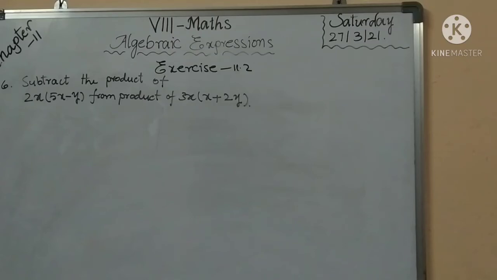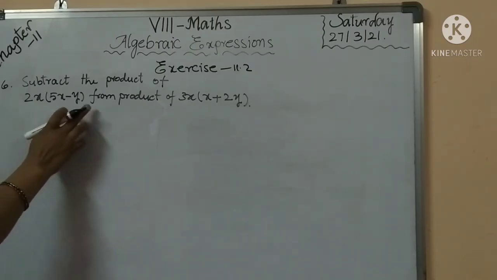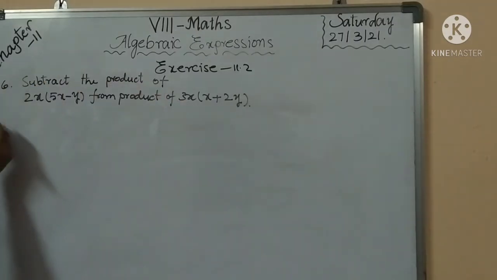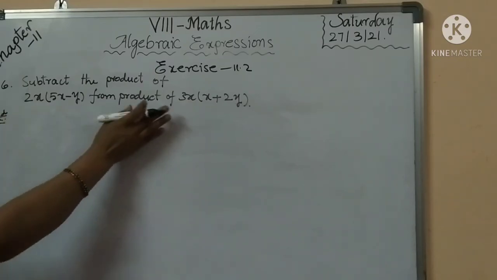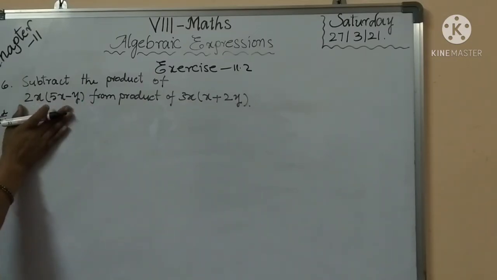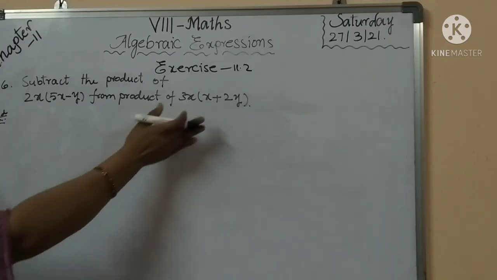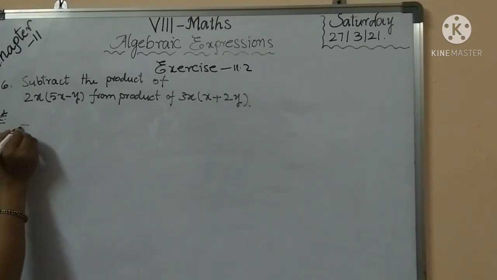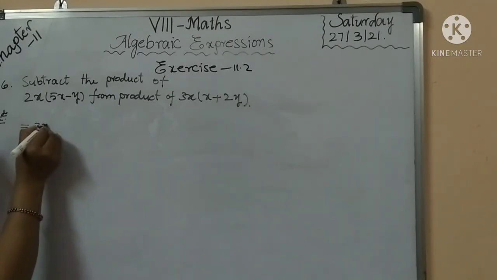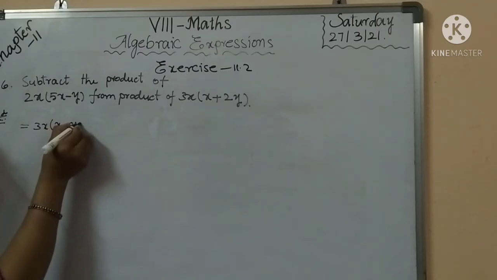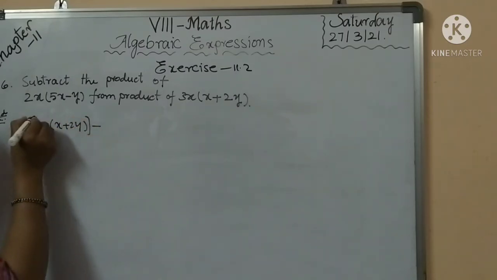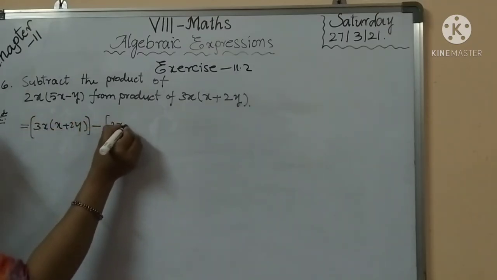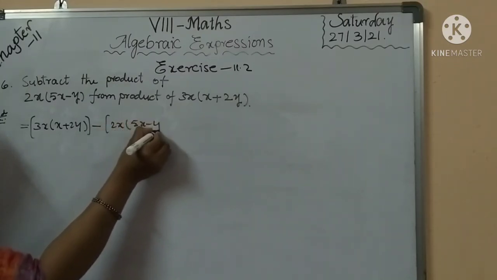Next, sixth problem. Subtract the product of 2x into 5x minus y from product of 3x into x plus 2y. Solution. So here from this term, subtract this term. Observe that first subtraction: 3x into x plus 2y minus, it is a total one term, and 2x into 5x minus y.